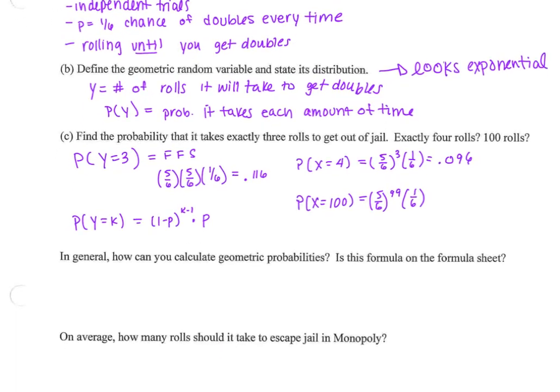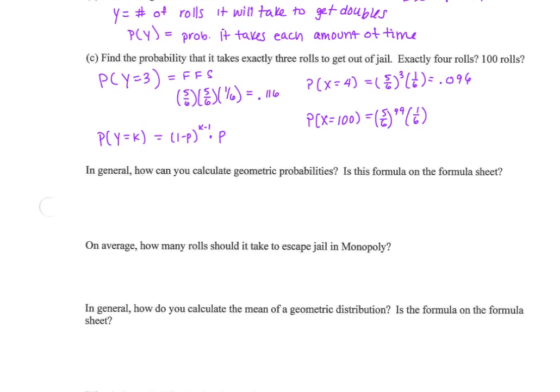So in general, we have this formula that is on the formula sheet. The probability that y equals k is the probability you fail to the k minus 1 times the probability you succeed. And the mean of a geometric distribution is also on the formula sheet, but it's 1 over p.